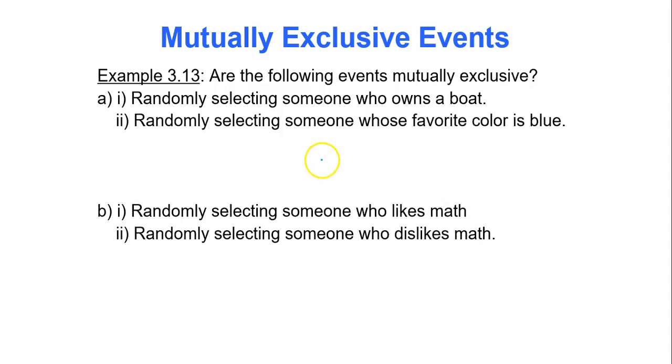So, disjoint events cannot happen at the same time. Disjoint, mutually exclusive mean the same thing. So here I have two events. Are they mutually exclusive? Randomly selecting someone who owns a boat, randomly selecting someone whose favorite color is blue. Can that happen at the same time? Can I go around and pick one person and they both own a boat and their favorite color is blue? The answer to that is yes.